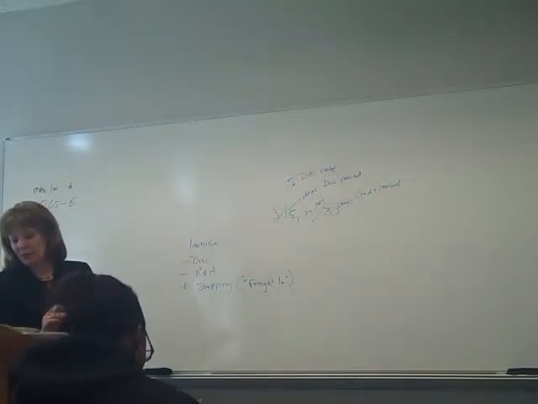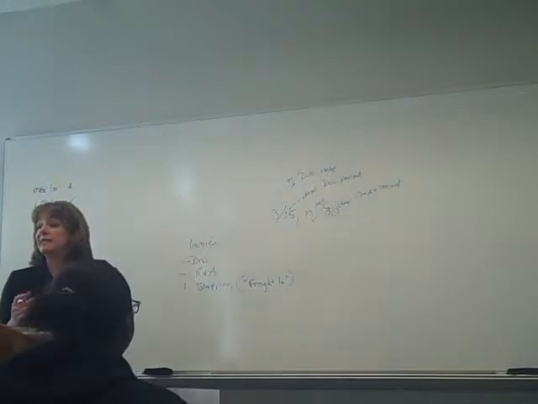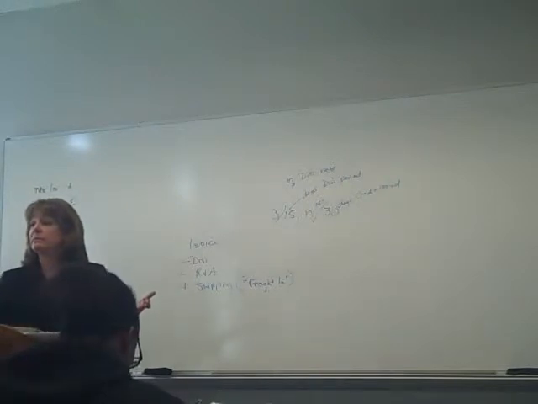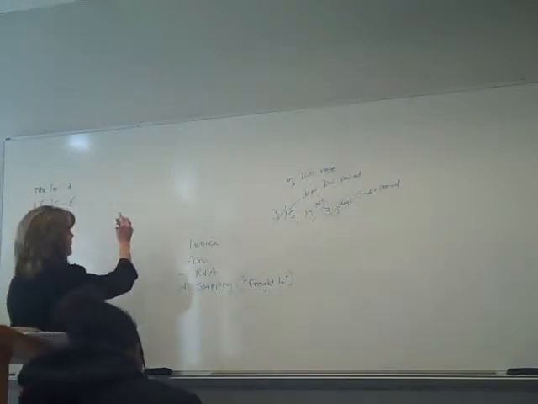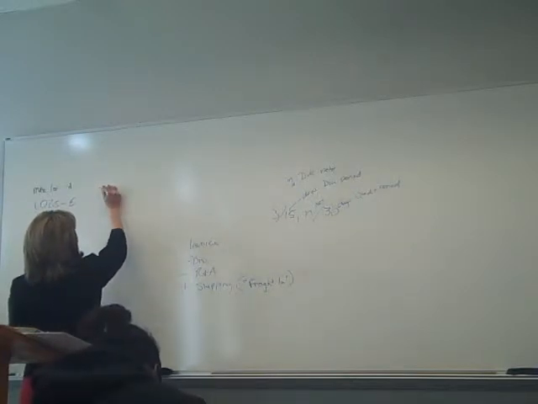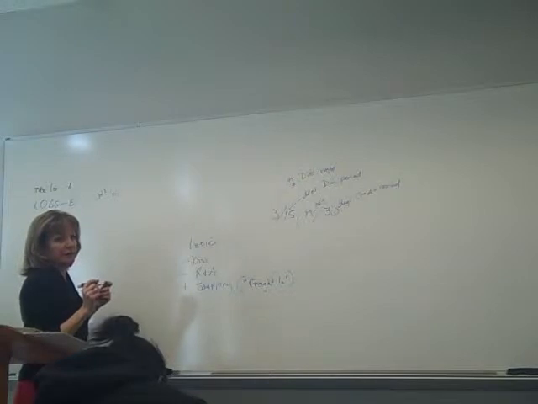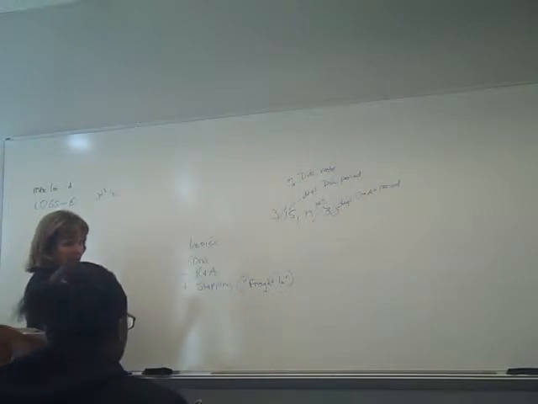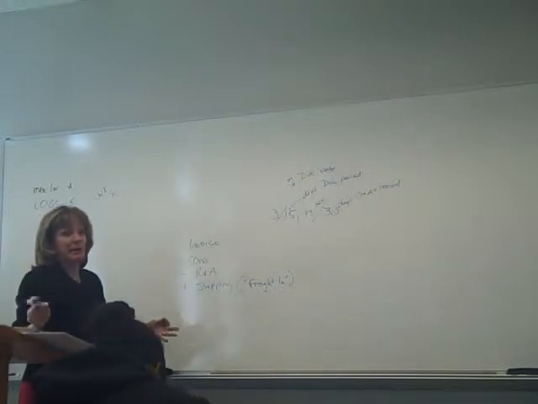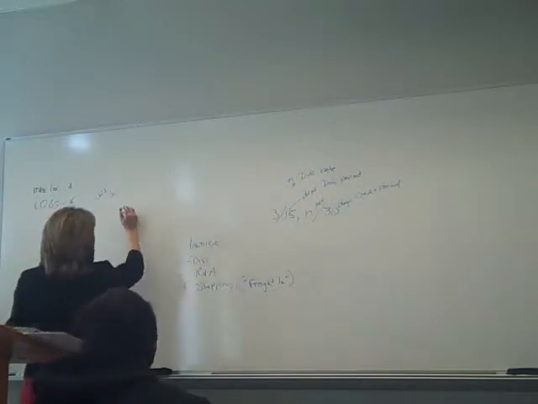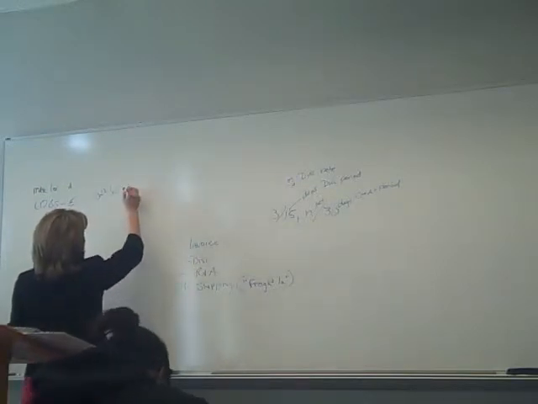On July 8th, we bought, debit, merchandise inventory, and we bought it on account, so credit accounts payable. We're recording at gross, for the net amount.